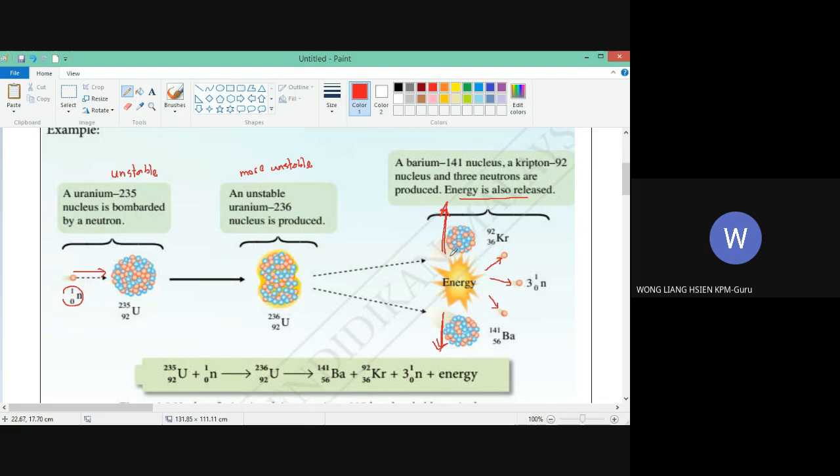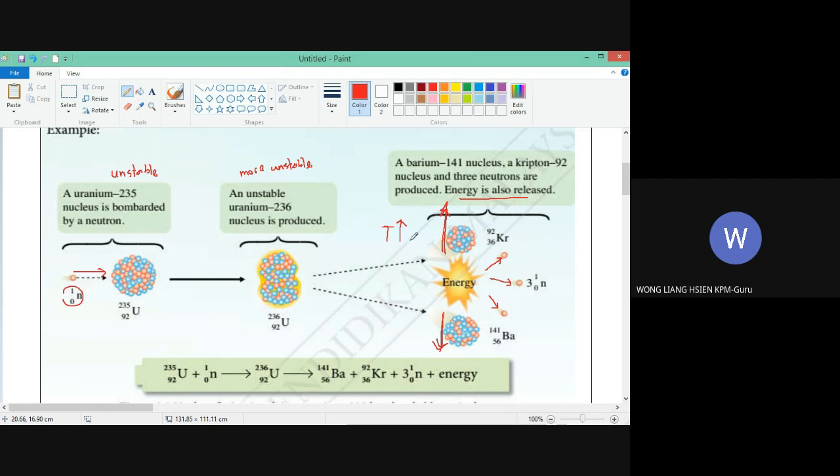So when the kinetic energy of the particles in the object increases, that means the temperature will increase. Kinetic energy of particles increases, temperature increases. So the kinetic energy will convert into heat energy.